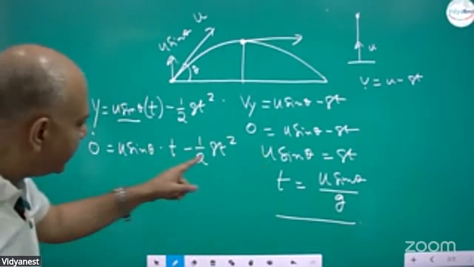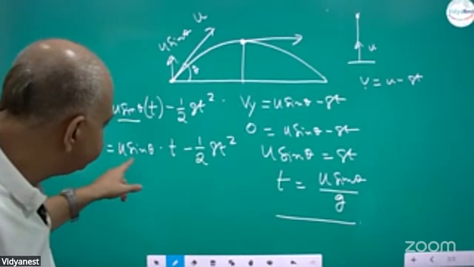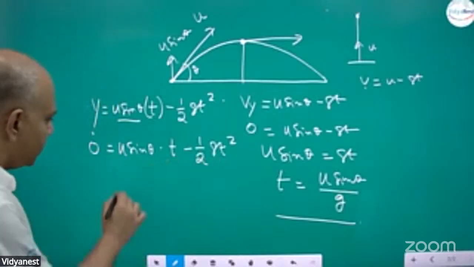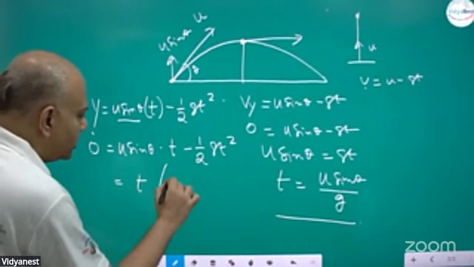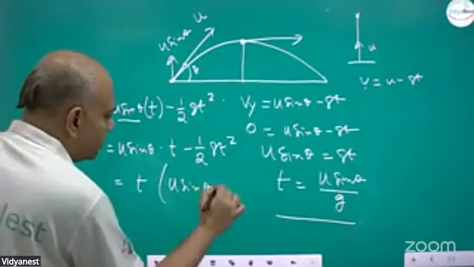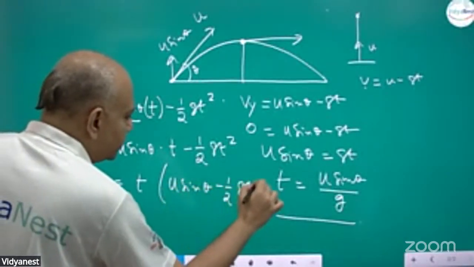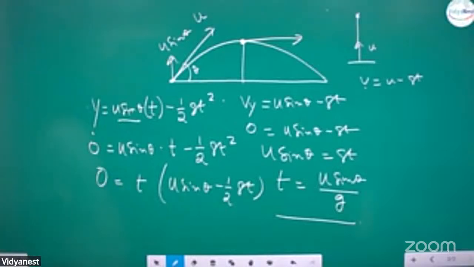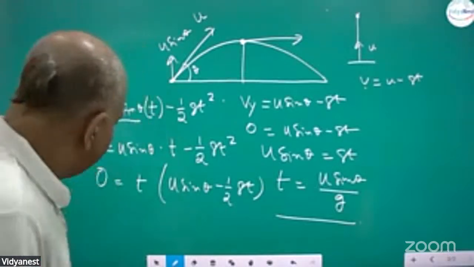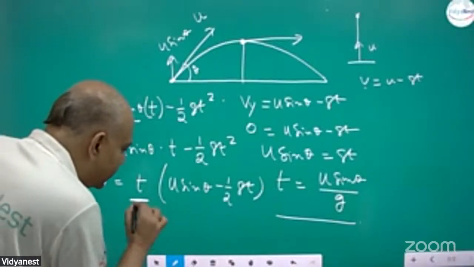Saurabh, can you see? It is a quadratic in time, na? Yes. So you can take t common: t times (u sine theta minus half g t) is equal to 0. Two factors are there. First factor t, and the second factor is this one.